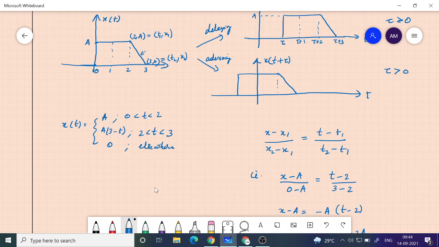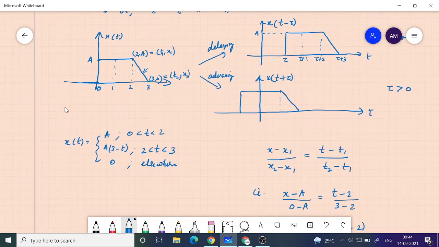The mathematical expression for this particular function has 3 parts. From 0 to 2, we have a. From 2 to 3, it is the equation of a straight line with slope minus a and y-intercept 3a, given by this expression. Elsewhere, to the right of 3 and to the left of 0, it is equal to 0. These are the 3 parts.